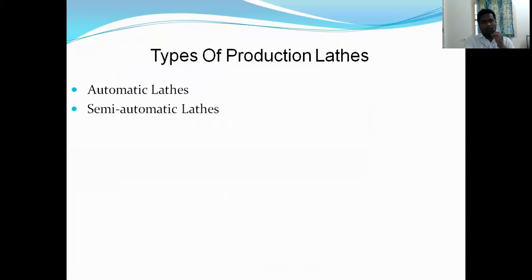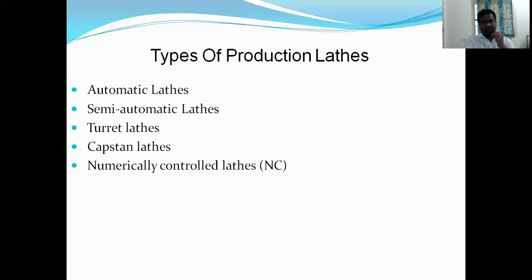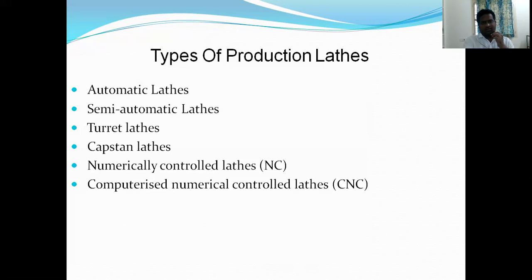Automatic lathes, semi-automatic lathes, turret lathes, capstan lathes, numerically controlled lathes, computerized numerically controlled lathes, right? CNC and NC.